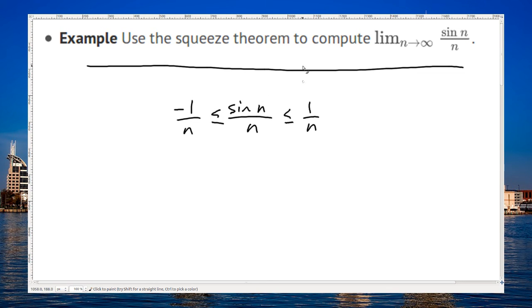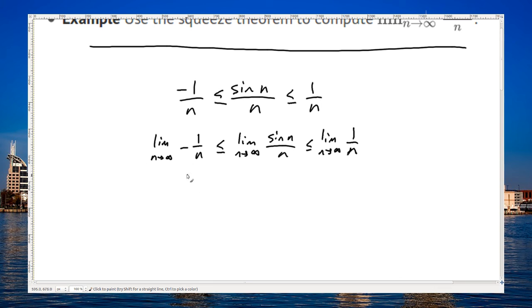And the squeeze theorem for functions and therefore for sequences says that if you have an inequality of functions or sequences, then you can hit all sides of the inequality with a limit. And in the middle, we have exactly what we were asked to evaluate. The limit as n goes to infinity of sine n over n, and on the outside, the limit of 1 over n, and we know that the limit of 1 over x as x goes to infinity is 0.